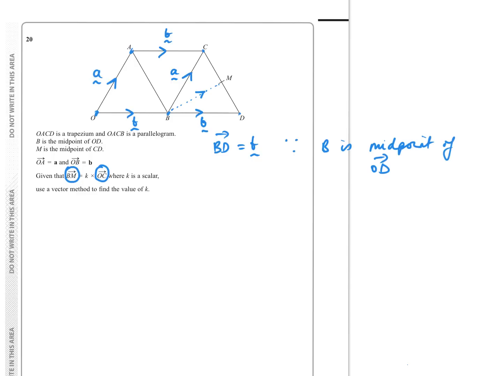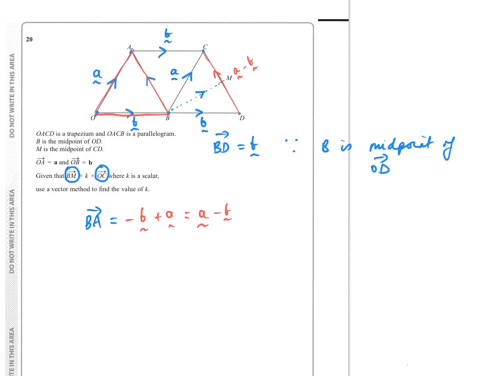I personally would try and find B to A first. And to get from B to A, we can just go minus b plus a, which is just a minus b. And we also know that D to C is going to be the same because they're parallel.